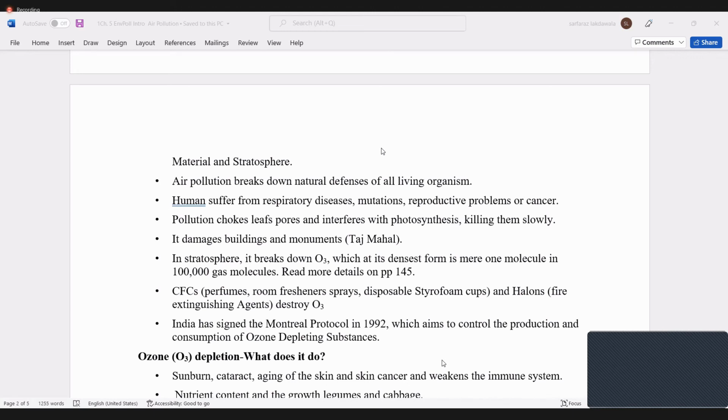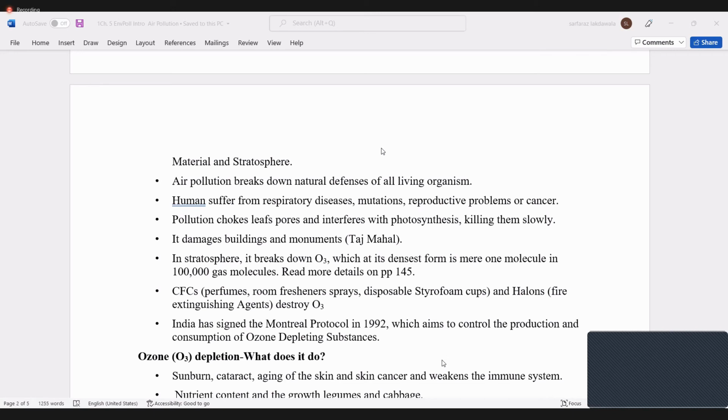In the stratosphere, which contains the ozone layer, the pollution breaks down this ozone layer, where the pollutants could be CFCs, it could be the halon gas, or the greenhouse gases, which at its densest form is a mere one molecule in 100,000 gas molecules.